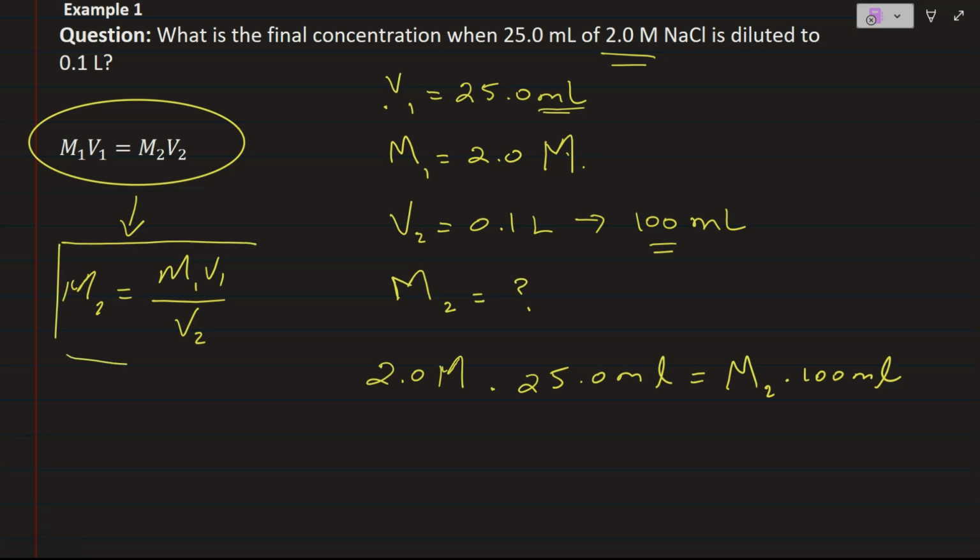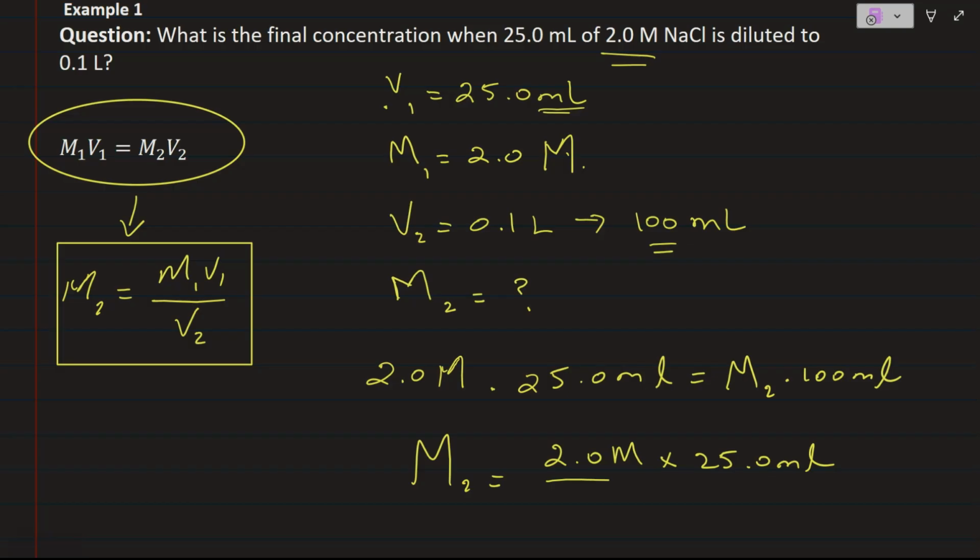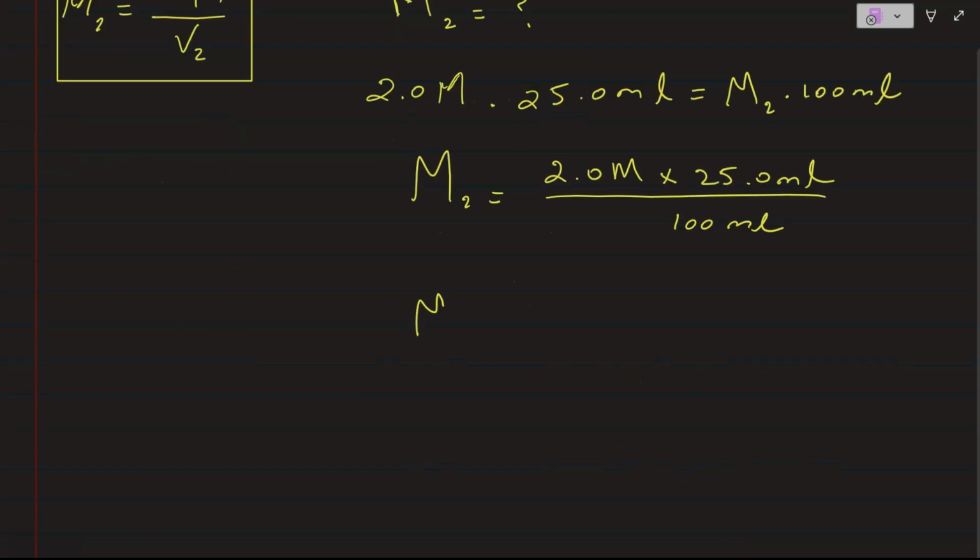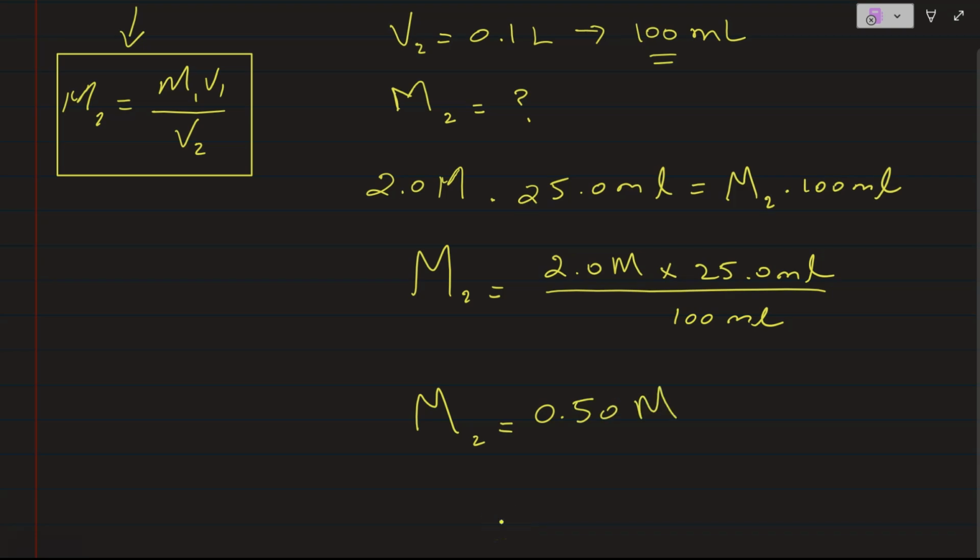This is the new formula for M2, so you can use that if you want to and plug numbers in. M2 is equal to 2.0 molar times 25.0 milliliter divided by 100 milliliter. Then do the math, and you get M2 is 0.50 molar. That is for sodium chloride.